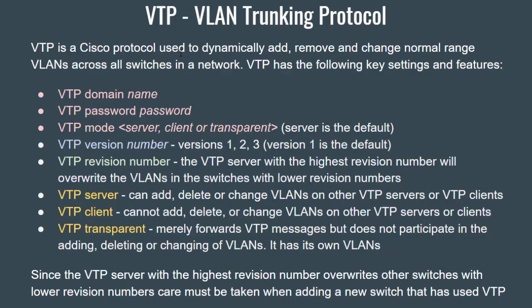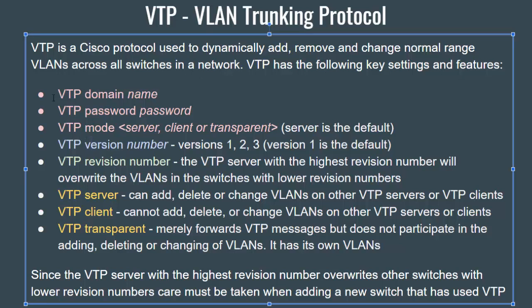VTP is a Cisco protocol used to dynamically add, remove, and change normal range VLANs across all switches in a network. VTP has the following key settings and features. The first thing you configure is a VTP domain, and then you give it a name. And then a VTP password. And then you set the VTP mode, and it could be either a server, a client, or transparent.